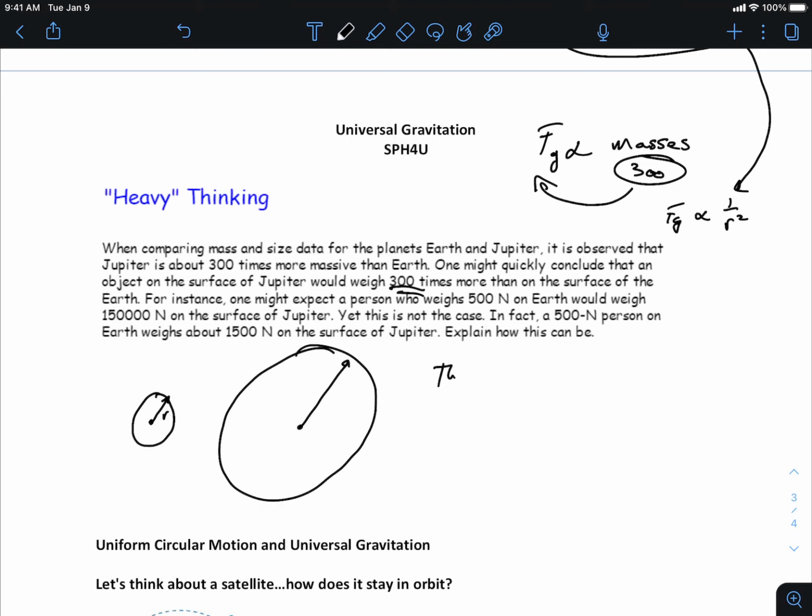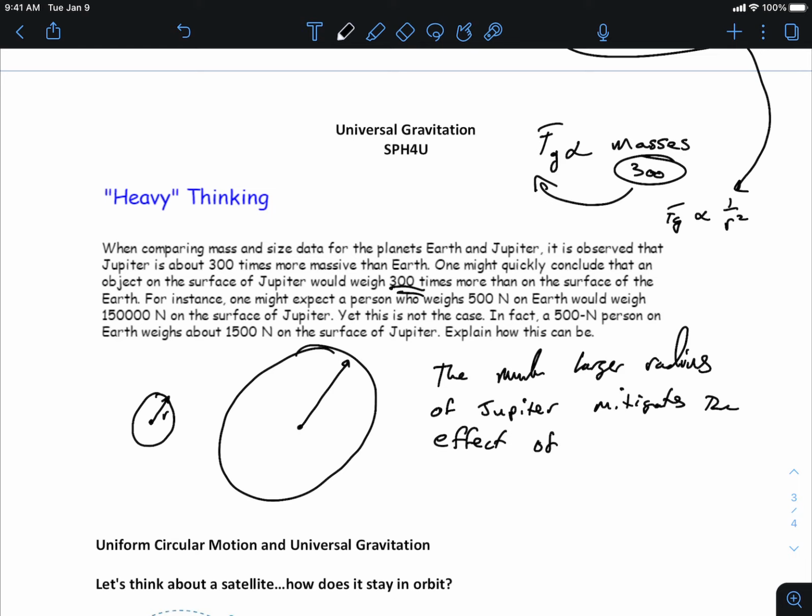Okay, the much larger radius of Jupiter mitigates the effect of its 300 times heavier mass.